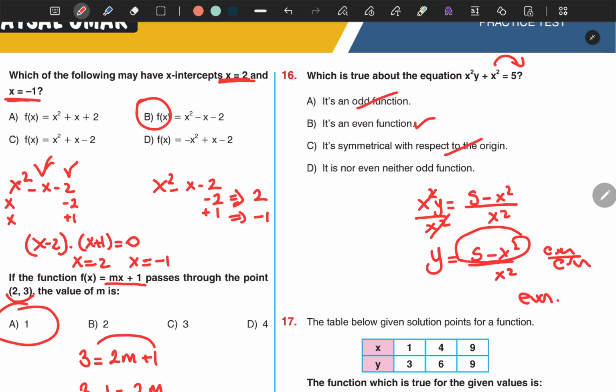Symmetric with respect to origin? Wrong. Neither? Wrong. It is a B, my answer. Another way for this question, if I have x and y together, we always look at the power of the x. If the power of the x is even, directly you can say that this function is even, without making it alone, without simplification.